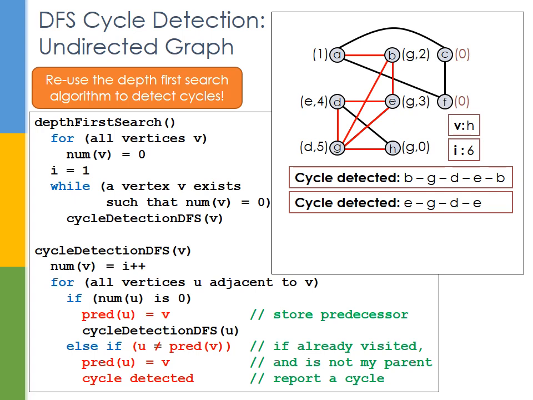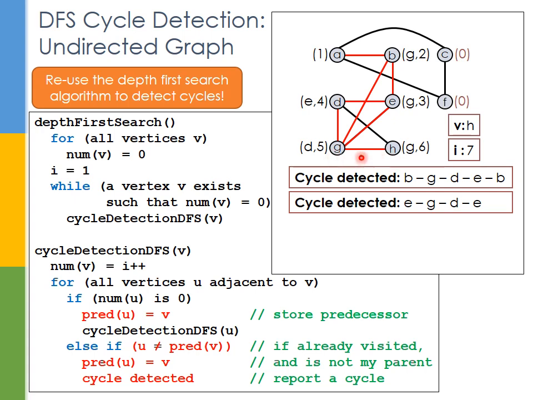In other words, the current vertex now updates to H, which is the vertex that we're currently looking at. The first thing that we have to do is update the number for this vertex. So we update the number to the current value of i, which is 6, and we increment i's value to 7.